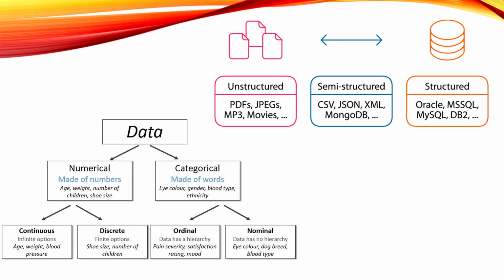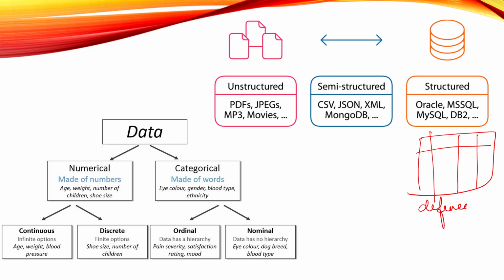In that we study MySQL, or you may know CSV files that have an Excel type format. These are all structured data that have a defined type, format, and structure.